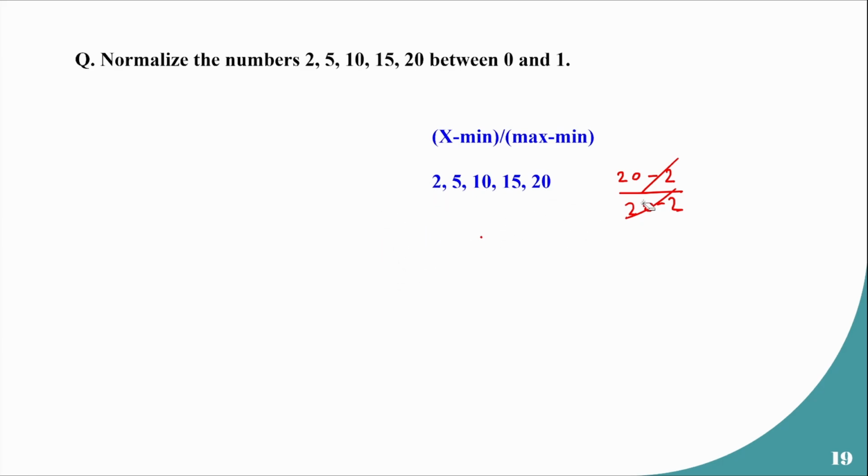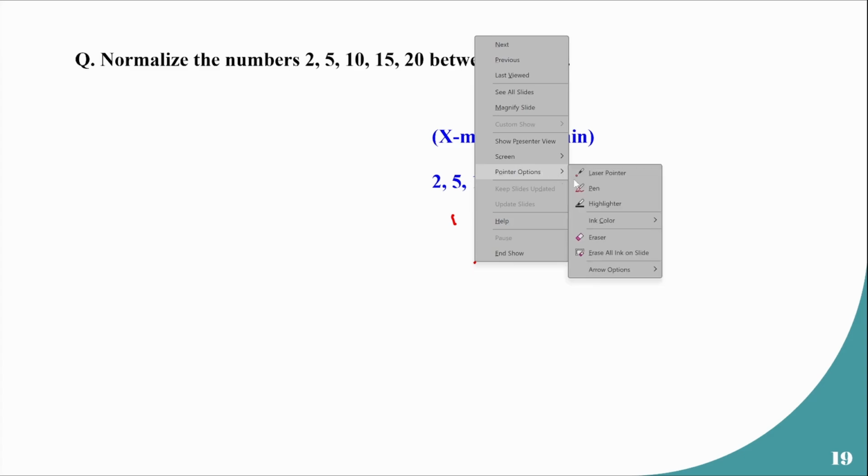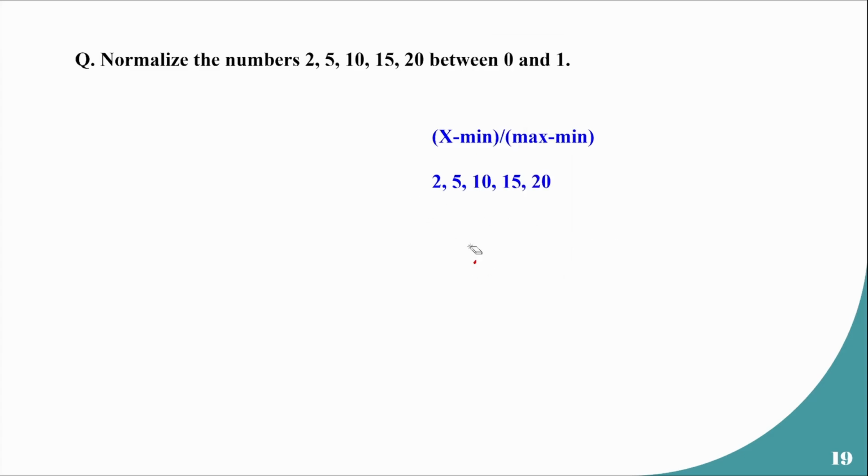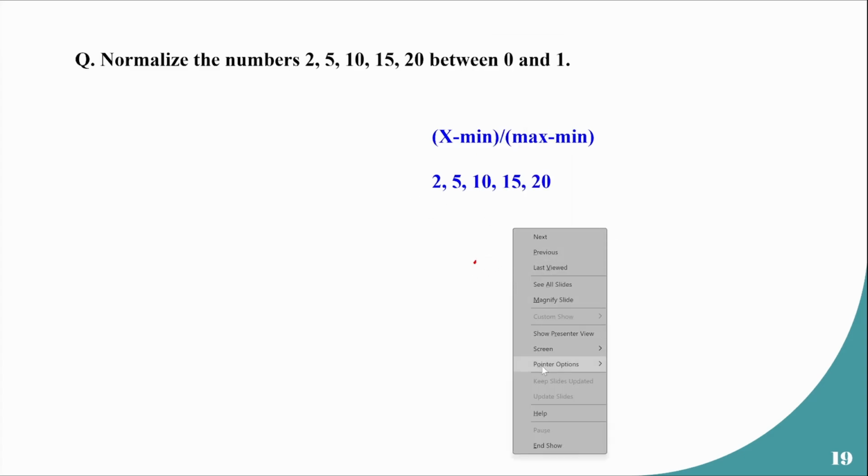So what would be the score for 5? For 5, it's 0.17, I see in the chat. Let's just see.